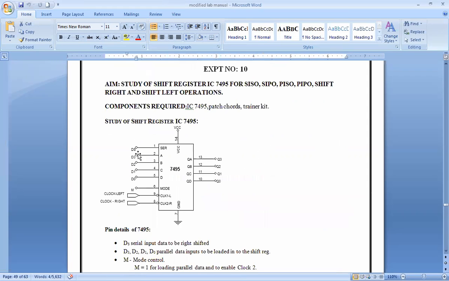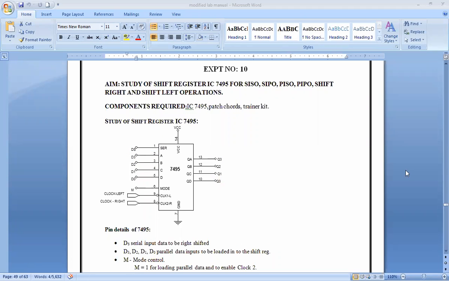For serial input, we were using only the first pin, only DS. We were not using these other four, and we were also using the output pin. So if it is parallel, then we use all together. If it is serial, then we use only Q naught. Understanding, right? Yes, sir. Any doubts?